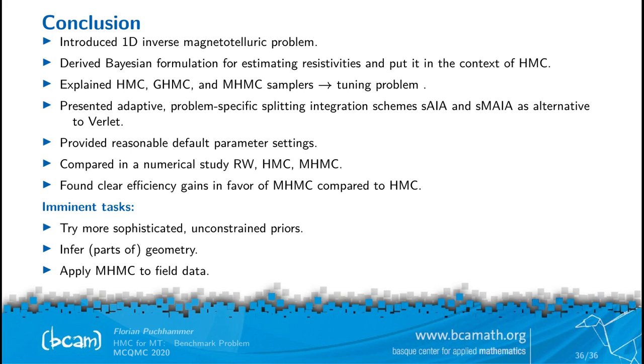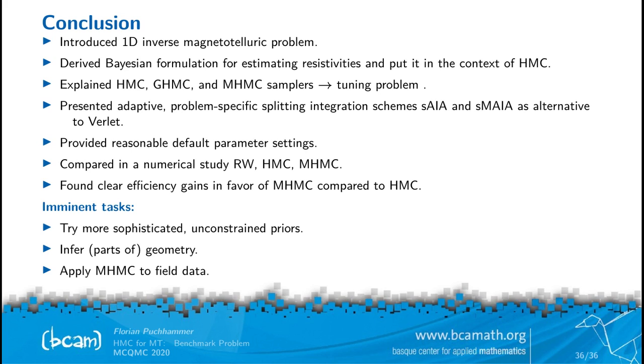The first thing to tune is the integrator, and I presented some adaptive choices for doing that for HMC and MHMC, called SAIA and SMAIA, as an alternative to the standard choice, which would be the velocity Verlet. And for the other parameter, I presented a very reasonable default setting.